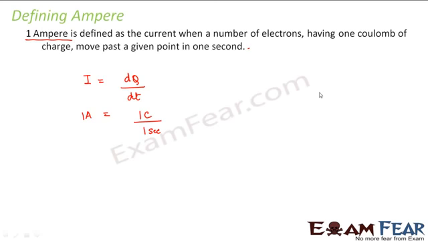That means, let us suppose I am considering this point A. When some n number of electrons having charge 1 coulomb pass in 1 second, then we define that current as 1 ampere.